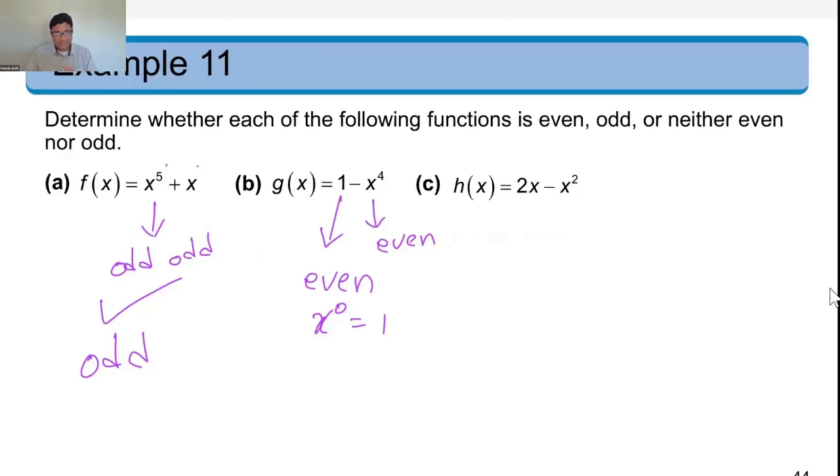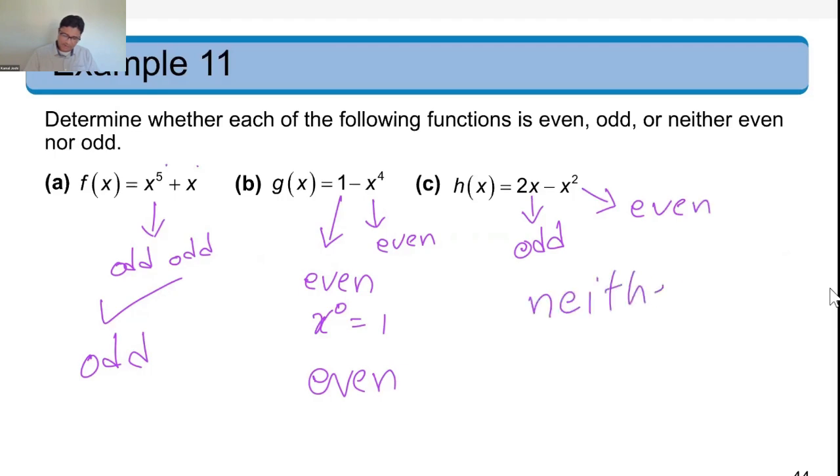So it's an even power. It's an even function. And the result also is an even function. Okay. Whereas here, x is odd, x to the 1, right? X squared is even. And the combination is neither.